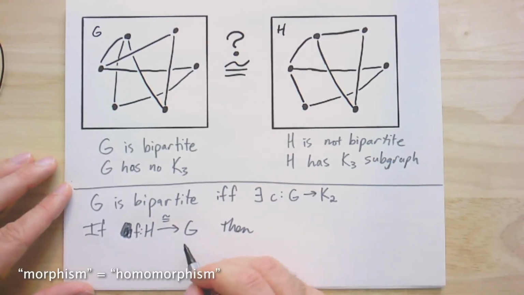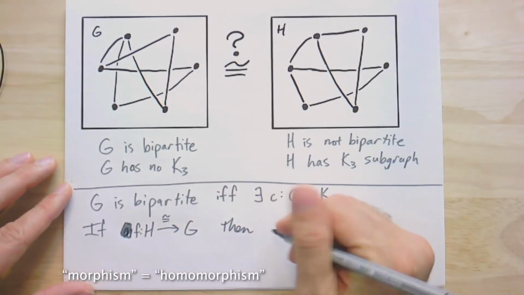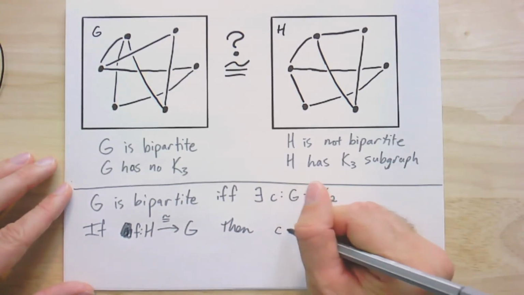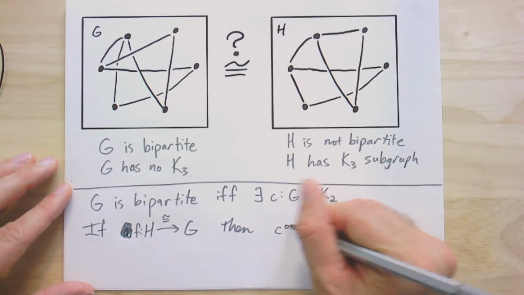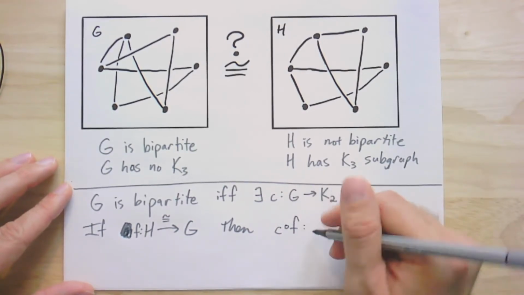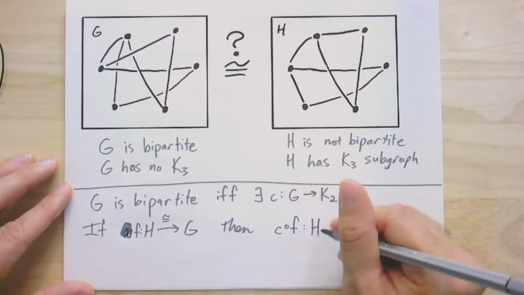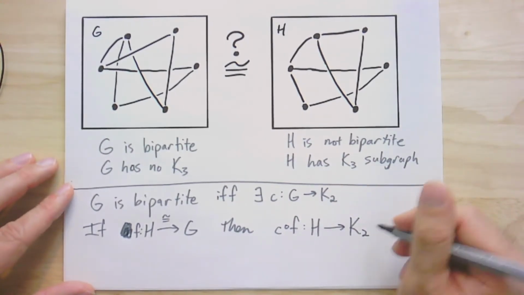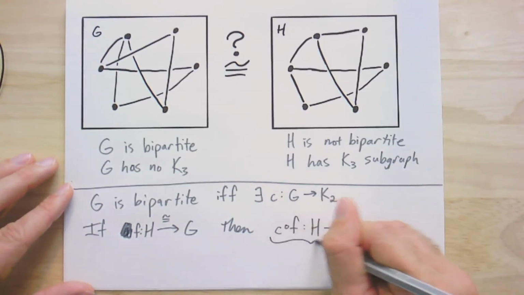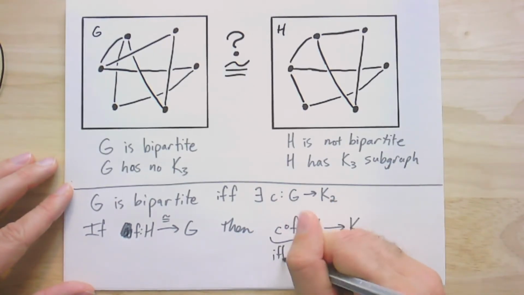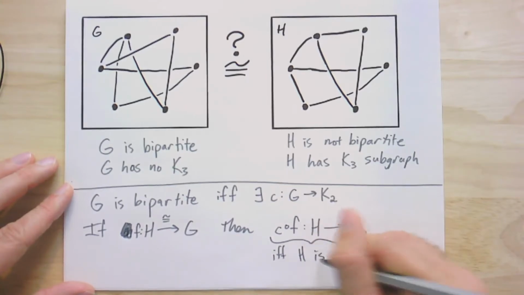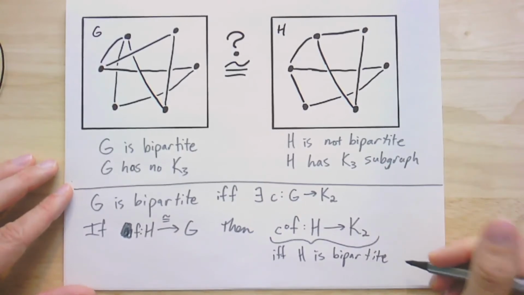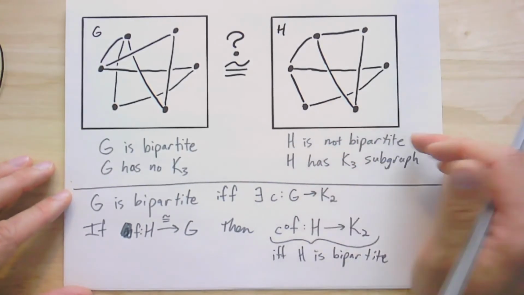If we had any morphism from H to G, then we could compose it with C. That is, C composed with F would give us a homomorphism from H to K2, which would be true if and only if H is bipartite. But it's not, so we know they're not isomorphic.